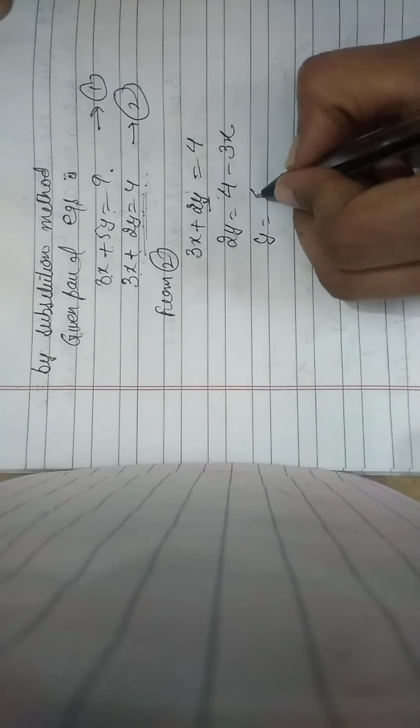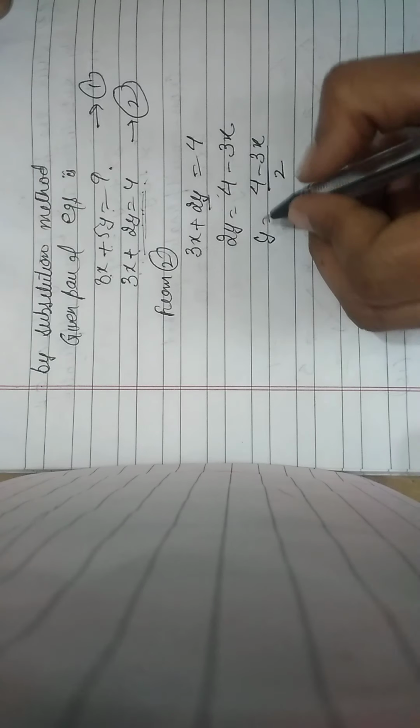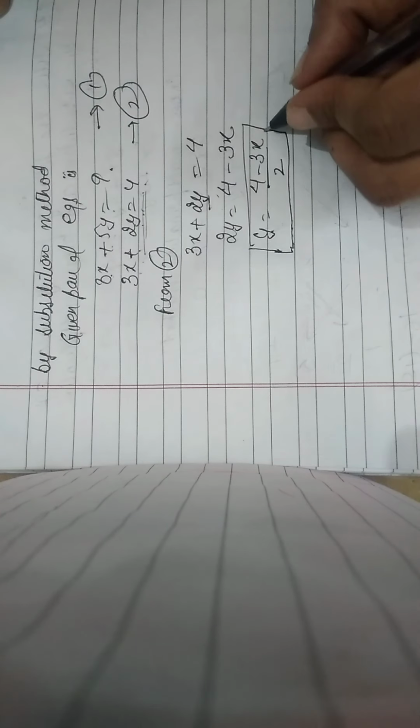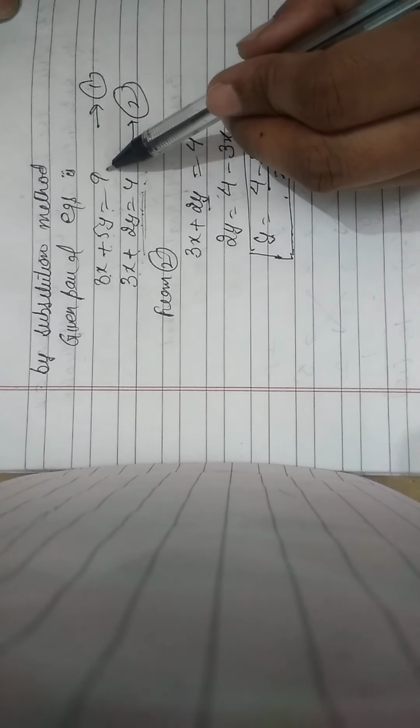Y is equal to 4 minus 3x upon 2. Now we write the variable y in terms of x. This is third equation. Now in substitution method, we always substitute this value in the other equation.